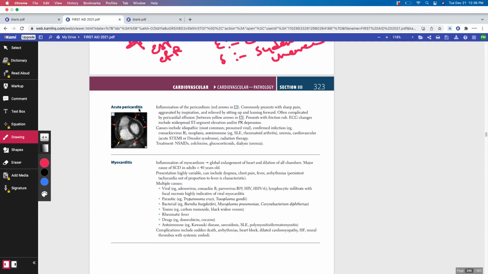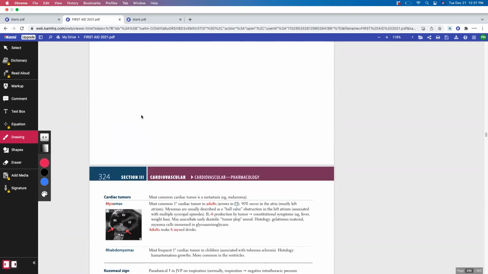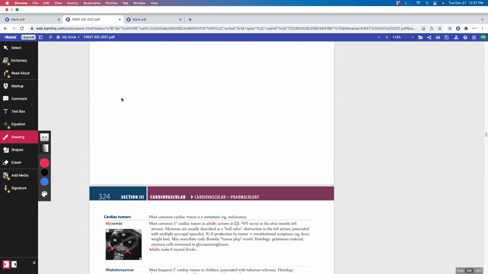Okay. What is the name of the layer that encircles the heart? Do we call that pericardium? Yes or no? The answer is yes, right? Isn't there a possibility that we can get inflammation of the pericardium due to multiple reasons? The most common cause is an underlying viral infection.